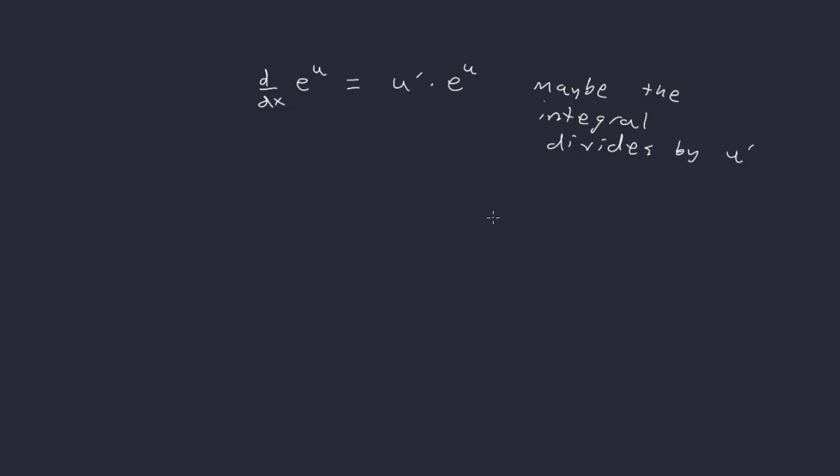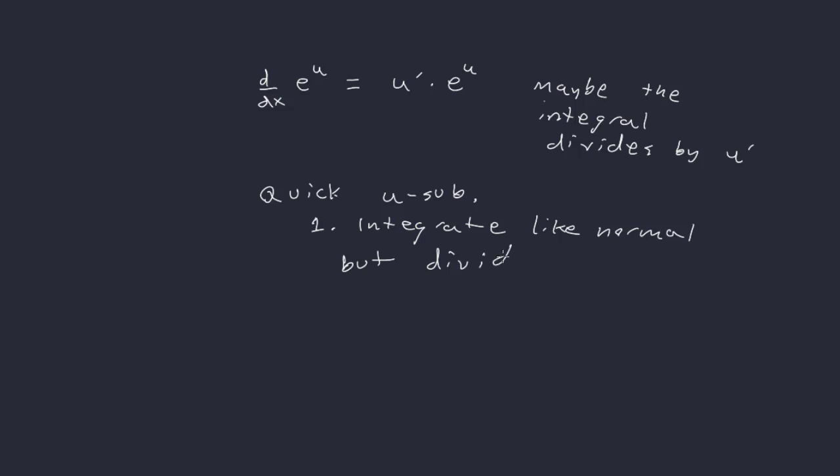Okay, and that is essentially the idea of quick U substitution. With quick U substitution, you basically integrate like normal. So let me write it out like a little algorithm. You integrate like you normally would, but divide by the derivative of the stuff, what you would normally call u.